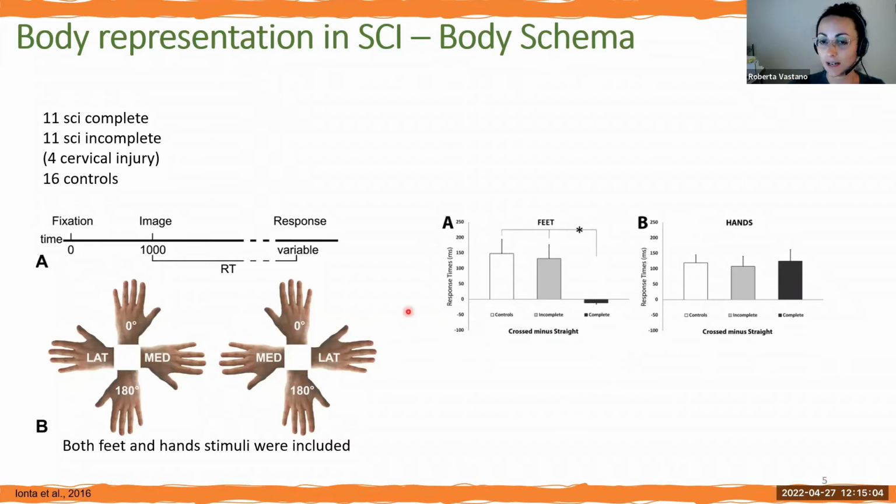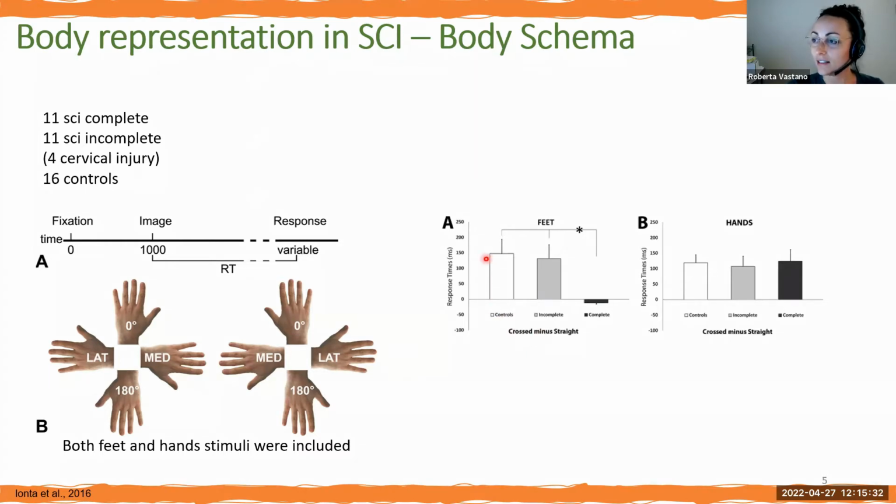Now, when we cross our hand, it's more difficult for us to perform this task because there is a mismatch between the space-based representation of our own hand compared to the external hand that we see on the screen. So mental rotation takes longer. And this is the pattern that we should be observing in a non-injured population. So the difference between these two should be higher.